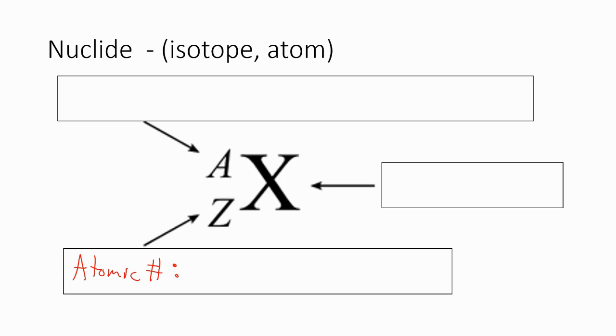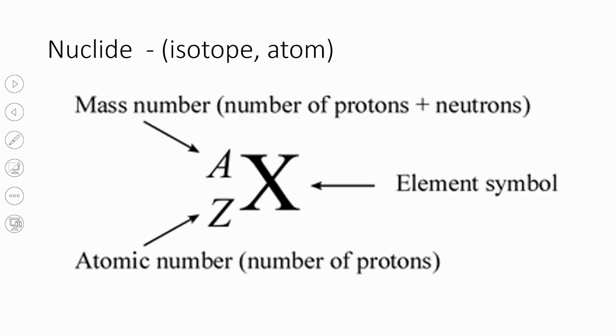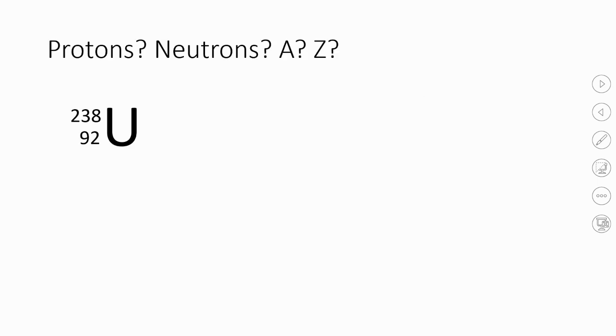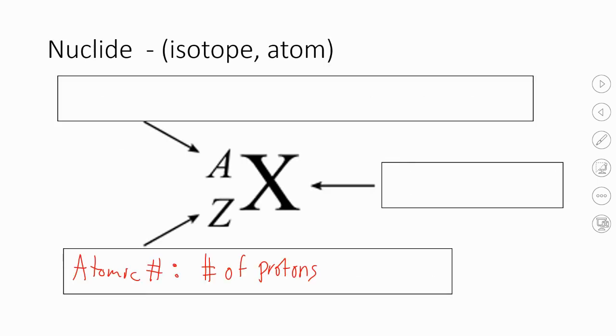Good, this is the number of protons, and this is also the identity of the atom. My pen tool is really giving me problems. Let me try to write on this. This is the identity.